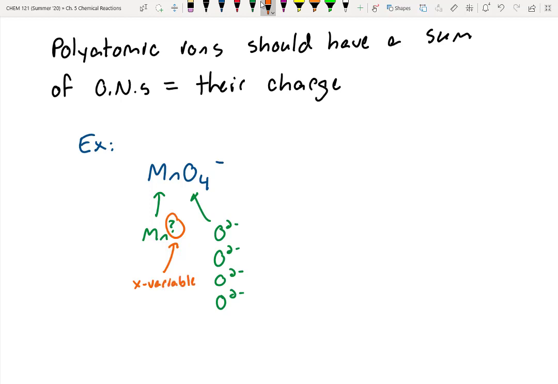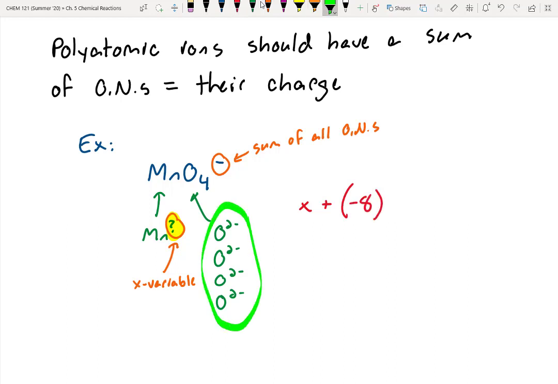Okay, and we know over here that this is going to be the sum of all the oxidation numbers. Okay, well, let's do the math. We know that the x variable, meaning this value right here, plus all of our other components, which in this case is going to be -8, right? That's where all of these go into play, are going to be equal to -1, the sum of all of our oxidation numbers.